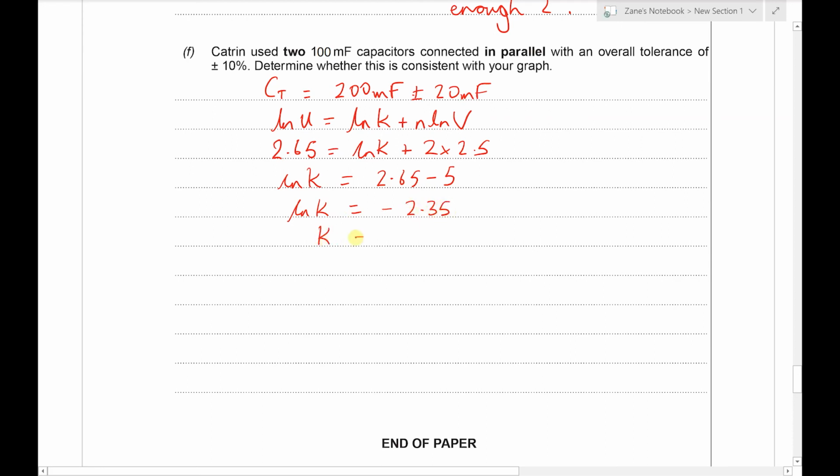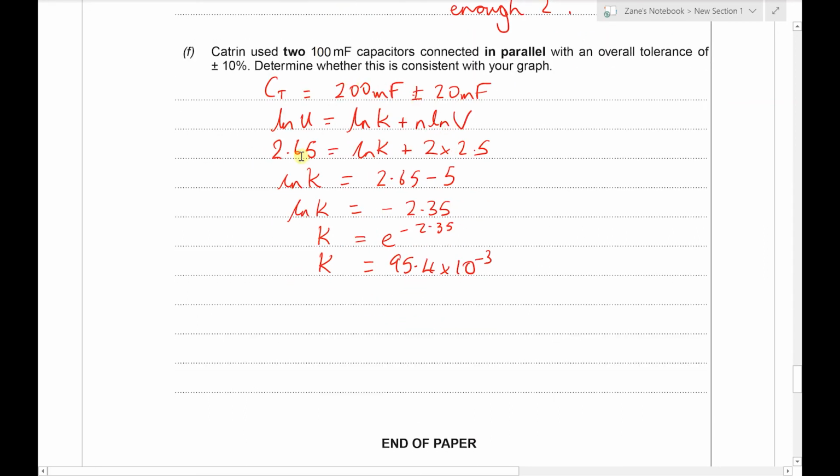And k then will be e to the minus 2.35. And that will give us 95.4 times 10 to the minus 3. Now I've done it as times 10 to the minus 3 because that's milli and we were talking about millifarads in the question there.